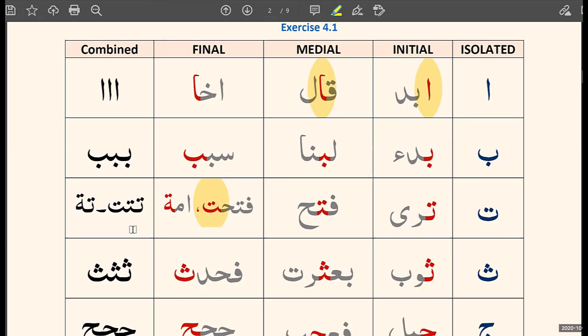Ta Marbuta: inshallah, in future lessons we will learn how to stop at it, and it will be clearer that when it is joined to the next word in pronunciation, then it will be pronounced; otherwise it changes into Ha. Inshallah, in the advanced stage, we will learn about that.